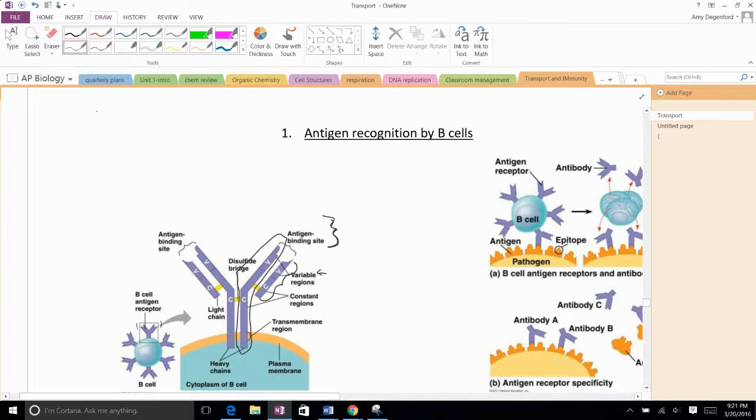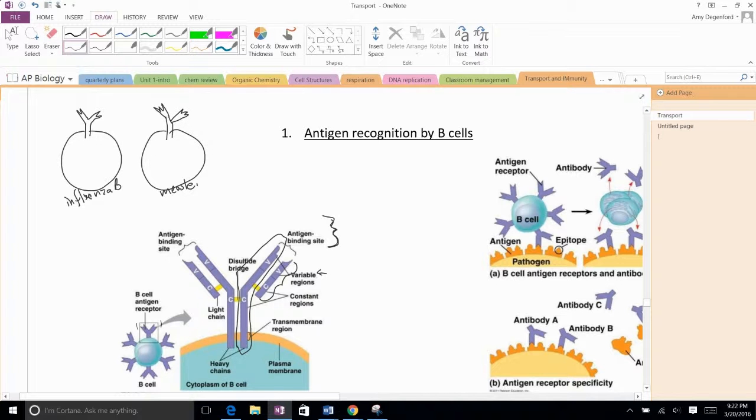So if we were to model this to the left here, we might see a B cell for influenza B, and the receptor might look like this. And then over here, we might see the measles B cell, and the receptor for it might look like that.